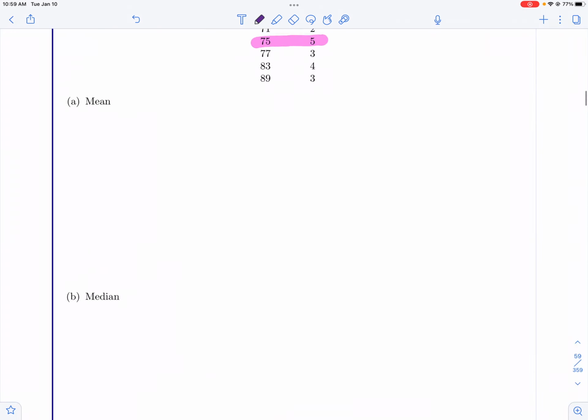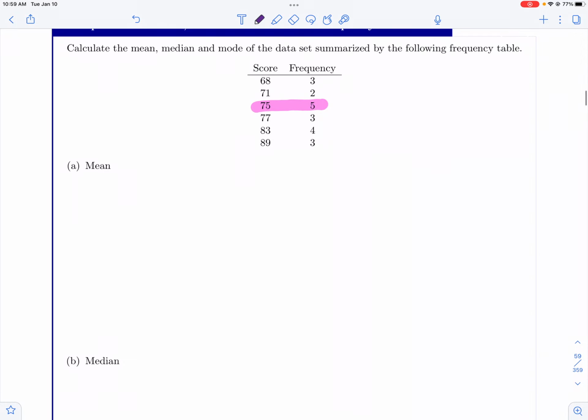Now median, we've calculated median using a frequency table before, but I'm going to show you a different way that you can do it this time. Now from the mean perspective, if we were to calculate this mean by hand, we'd want to recognize that this frequency says that there's 3 68ths.